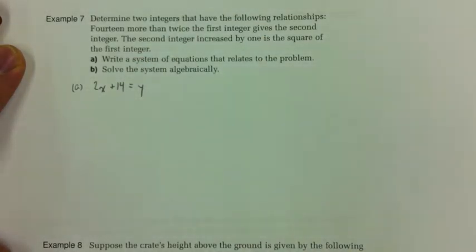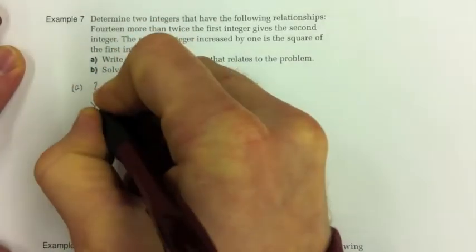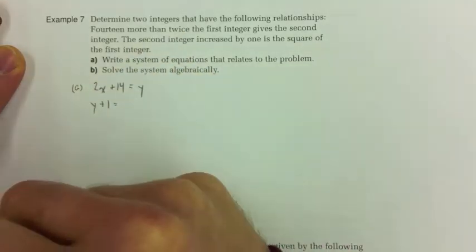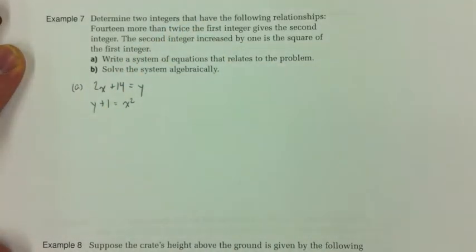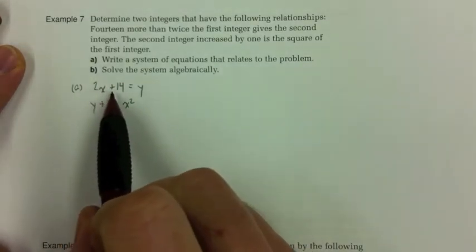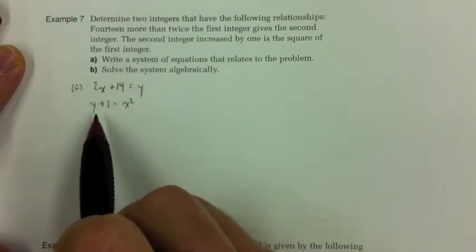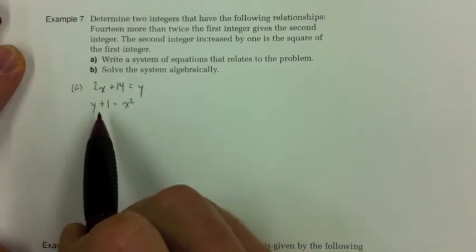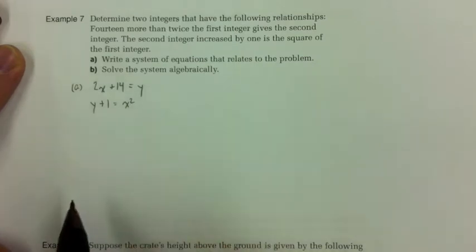And the second integer increased by 1 is equal to the square of the first integer. There are two equations. The first one represents 14 more than twice the first integer gives the second integer. The second equation comes from the second sentence. The second integer increased by 1 is the square of the first integer.